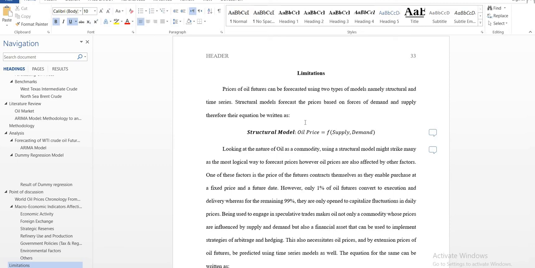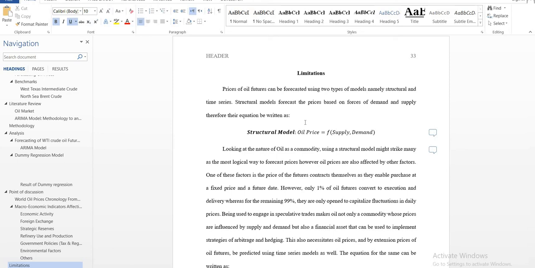So for now we'll just not discuss the problems associated with the parameters. We'll discuss them when we talk about the parameter stability and all. But as far as specification errors are concerned, these are the specification errors which are associated with the explanatory variables, which are much more important, and the errors of the regression.